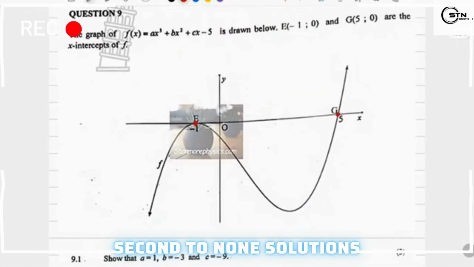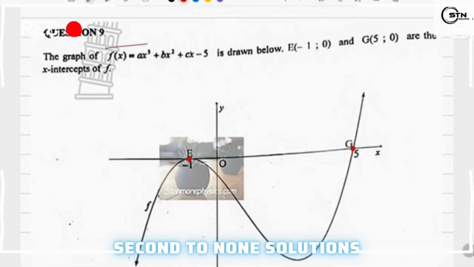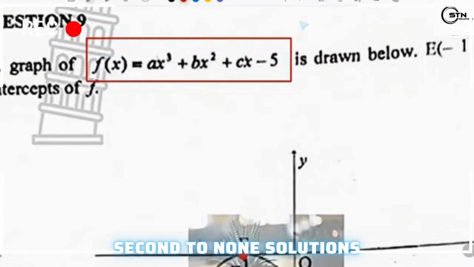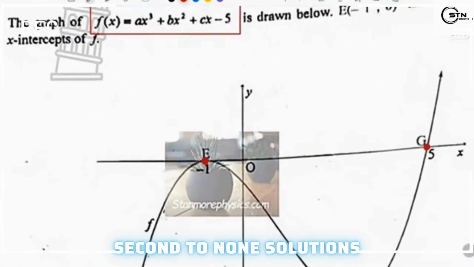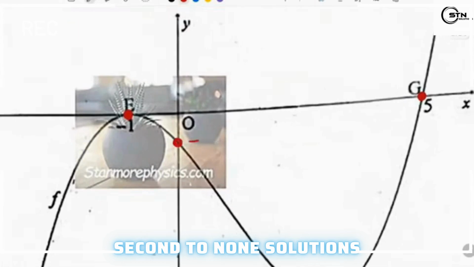Well, the graph looks empty, but if you look at the formula they gave you, do you see that they gave you a y-intercept? The only thing without x, your constant, is your y-intercept, and that's -5. So this graph intersects the y-axis at -5. The coordinates of that would be 0 as your x value and -5 as your y value.